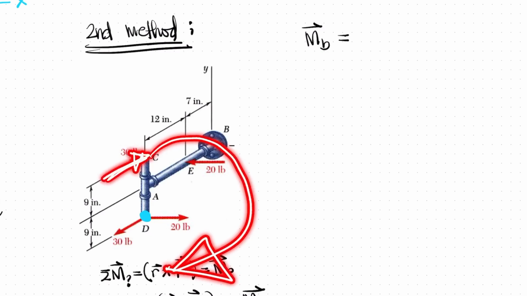So, for this force, we take its distance. Again, remember, R is the distance from the point where you take the moment to the force you are rotating about that point.